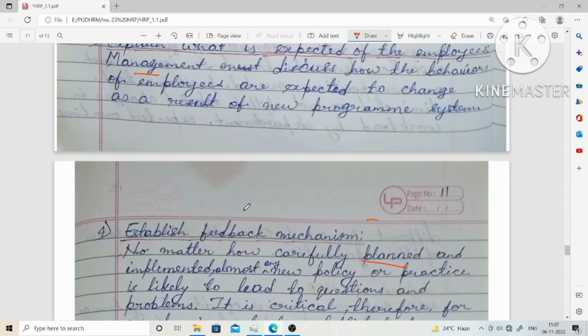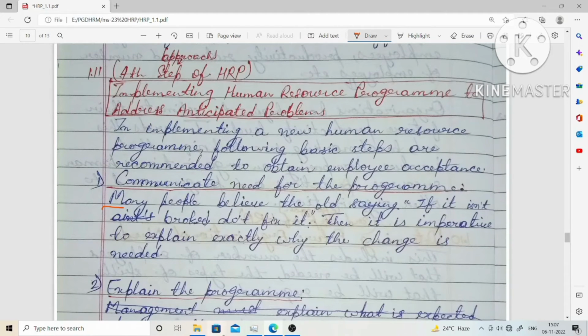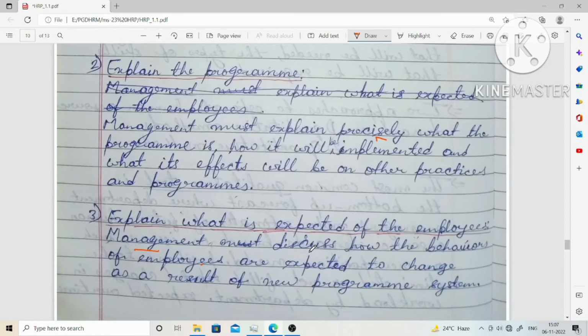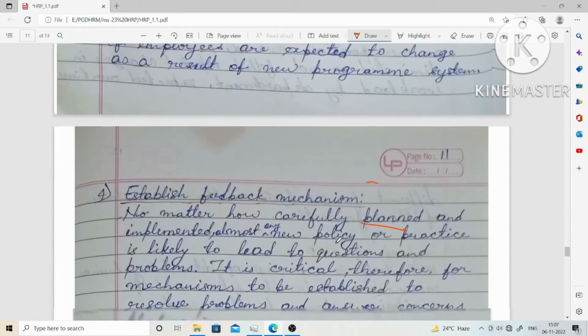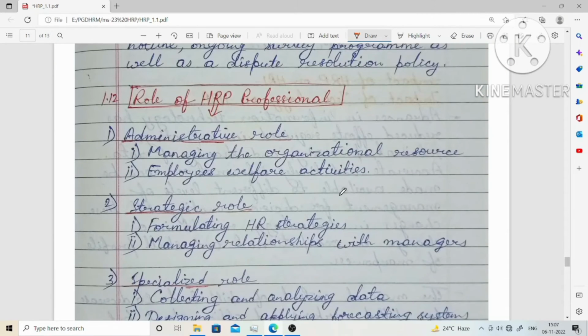So first, communicate the need for the program. Second, explain the program. Third, explain what is expected of the employees, and fourth, there should be a feedback mechanism. Now next is the role of the human resource planning professional, the HRP professional.